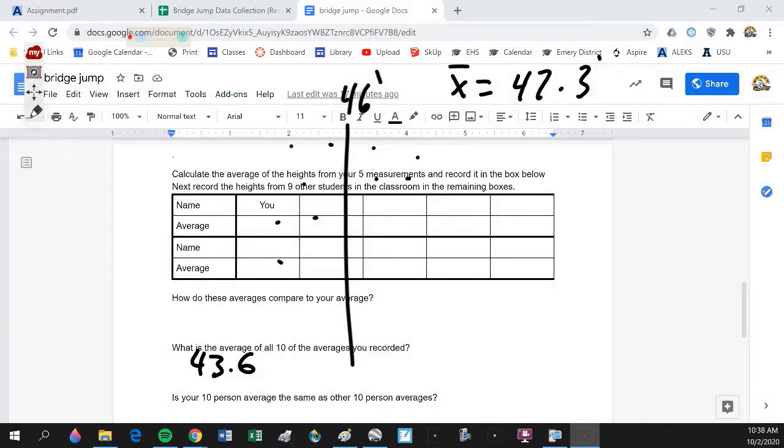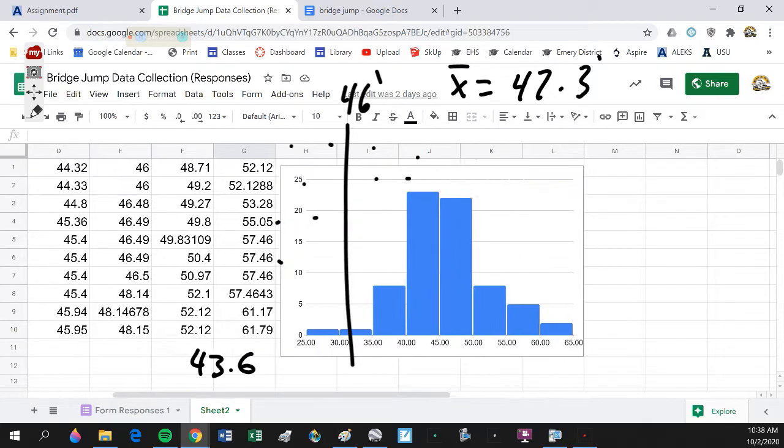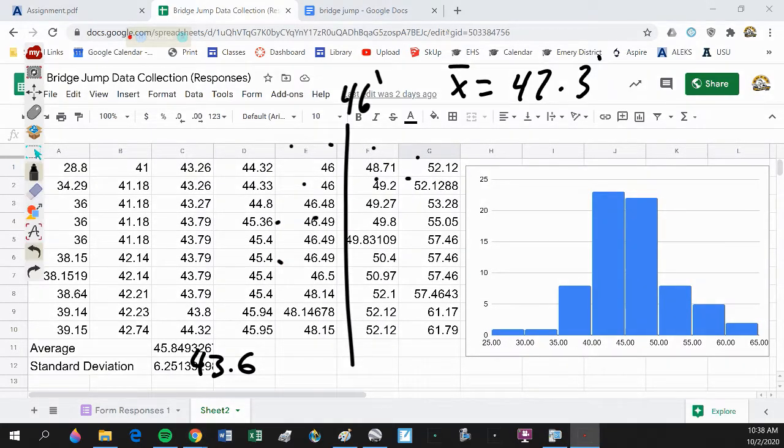So over here, down here, the class average was 45.8 with a standard deviation of 6.25, which means 68% of these numbers are within 6.25 of the average.